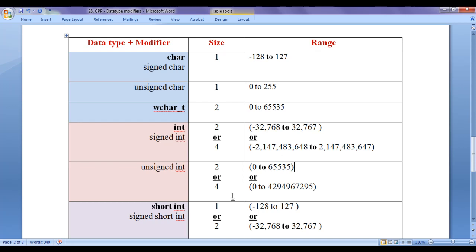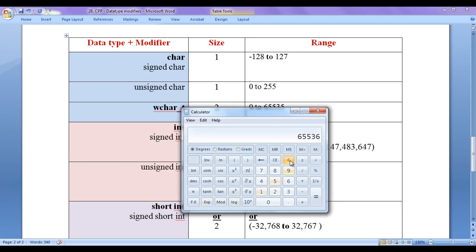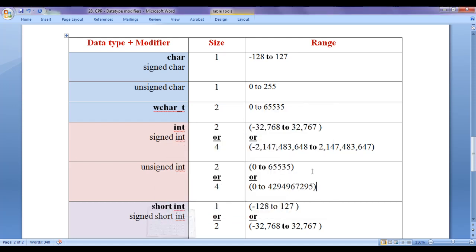If you count from 0 to 65,535, it becomes 65,536. If computer allocates 4 bytes of unsigned int type memory, inside that memory we can store 4,294,967,296 values. Why? Because 4 bytes is equal to 32 bits. If I say 2 raised to the power of 32, it becomes 4,294,967,296 values guys.